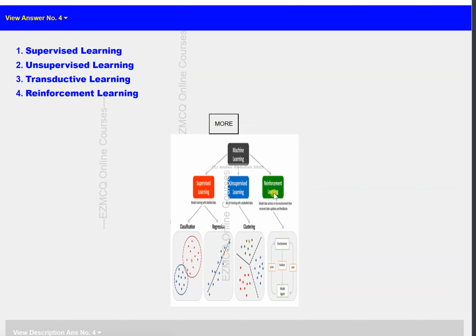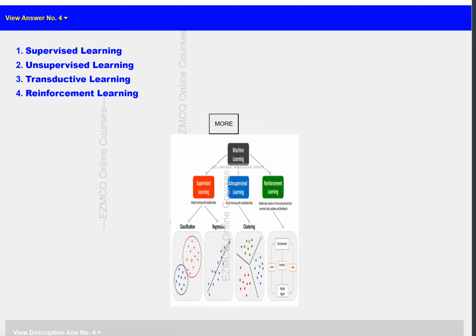Transductive learning, we are not spending a lot of time on it. Supervised learning is further divided into classification and regression. These four learning techniques are distinct modes. We have covered supervised learning and unsupervised learning also.